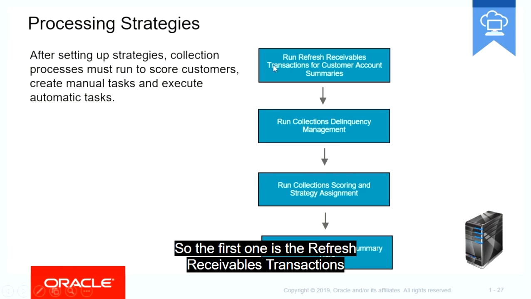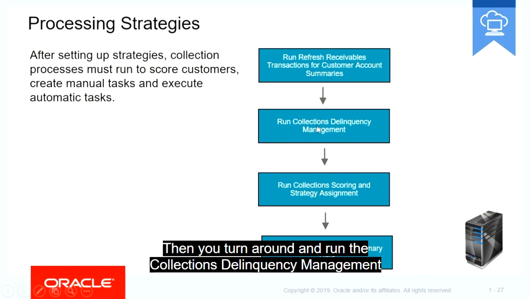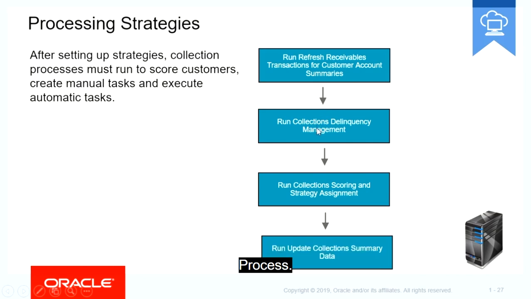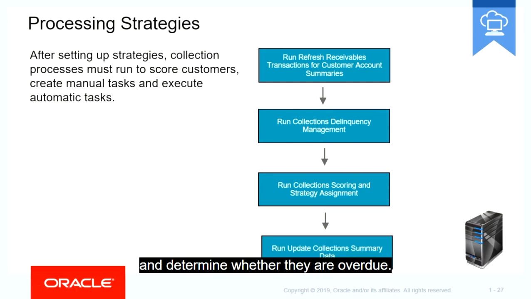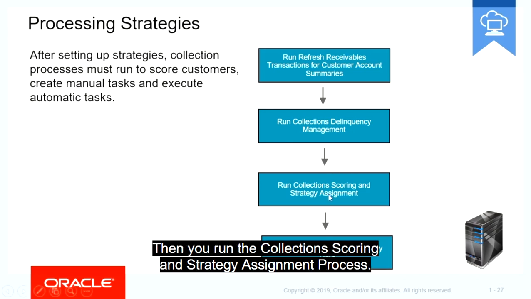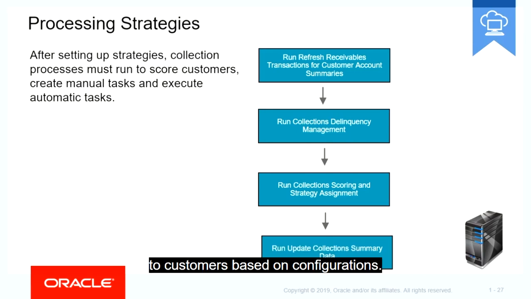So the first one is the refresh receivables transactions for customer account summaries. Then you turn around and run the collections delinquency management process. That is the process that's going to look at the transactions of a customer and determine whether they are overdue. Then you run the collection scoring and strategy assignment process, and that is the process that's going to assign strategies to customers based on configurations.